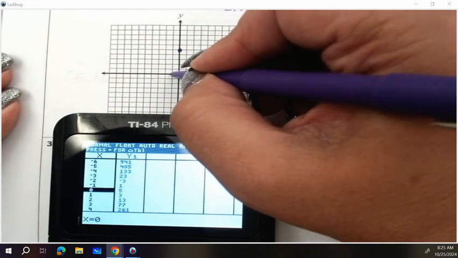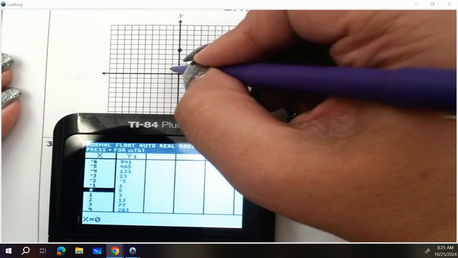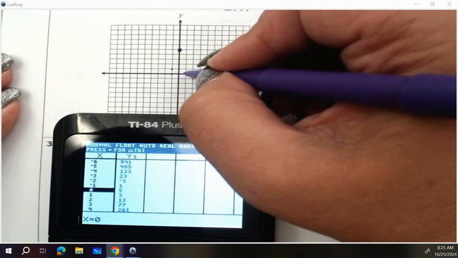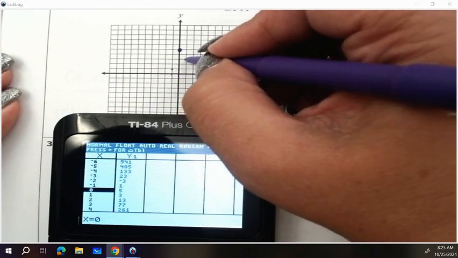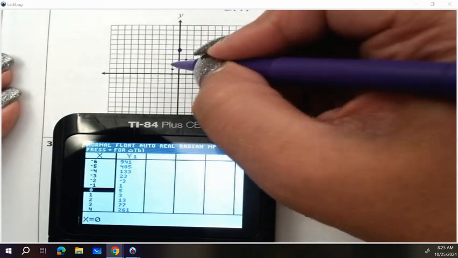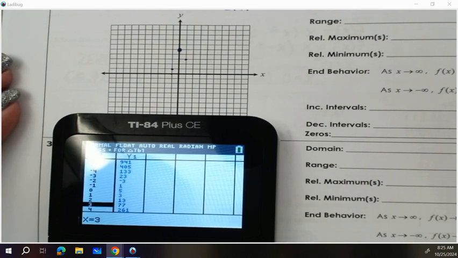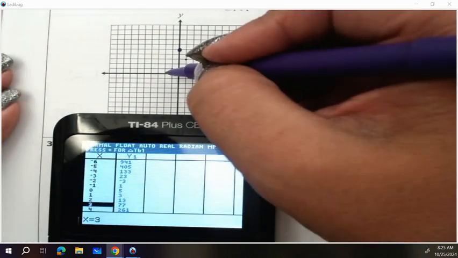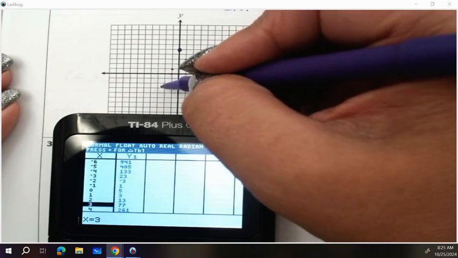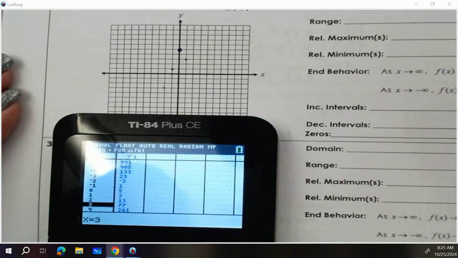Negative 1, 1. That's a point. 1, 3. Those don't look like special points, but they're points. I can't see any of my zeros just with my integers here. So it looks like negative 2, negative 3. Looks like I'm going to have to do some calculating.